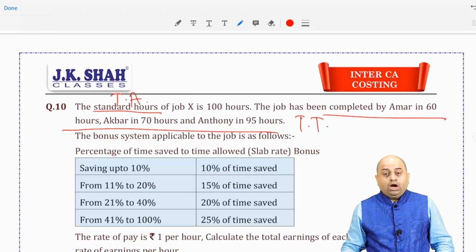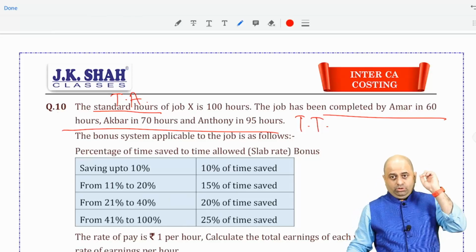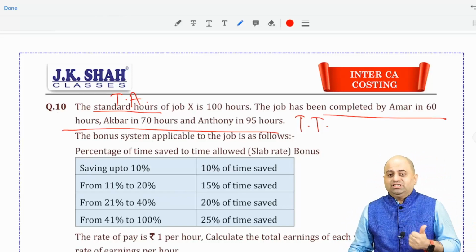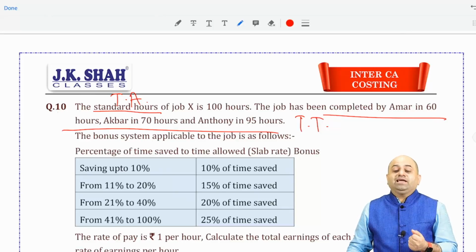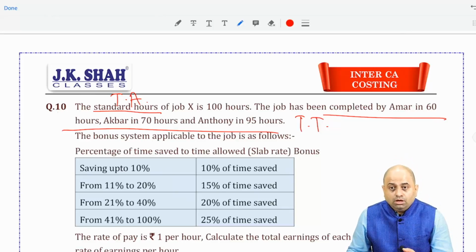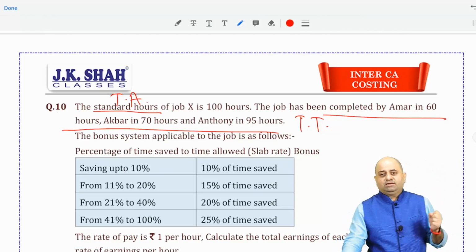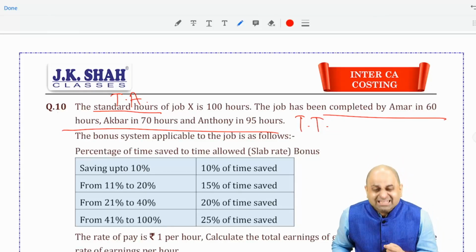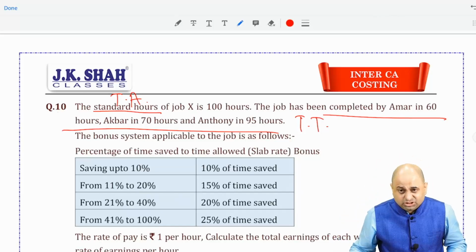Now, the points which I would like you to remember here are this. First, in this we are supposed to calculate bonus slab wise, in other words category wise. And second, the bonus that you calculate will be in terms of hours.